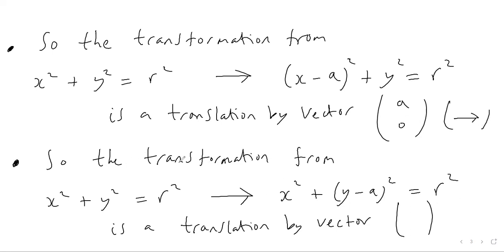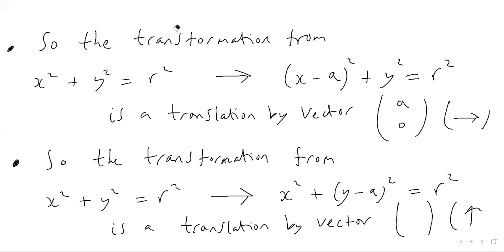And how about this transformation here? Let's say you've got x squared plus y squared equals r squared. Again, a circle, radius r, center at the origin. If you do x squared plus (y minus a) all squared, you're going to shift the y coordinate. This again is a translation to the right by a units. Translation, sorry, my bad, not to the right. Sorry, this is going up. I've done this wrong, so ignore this.